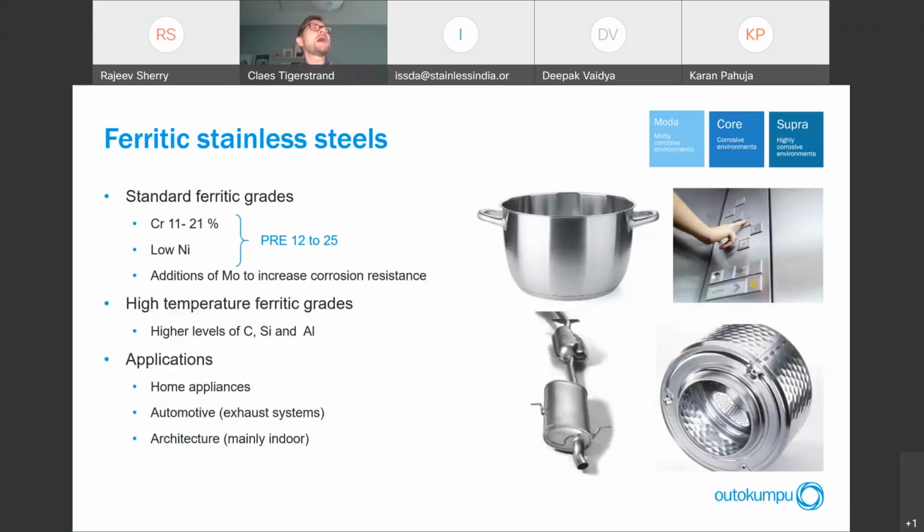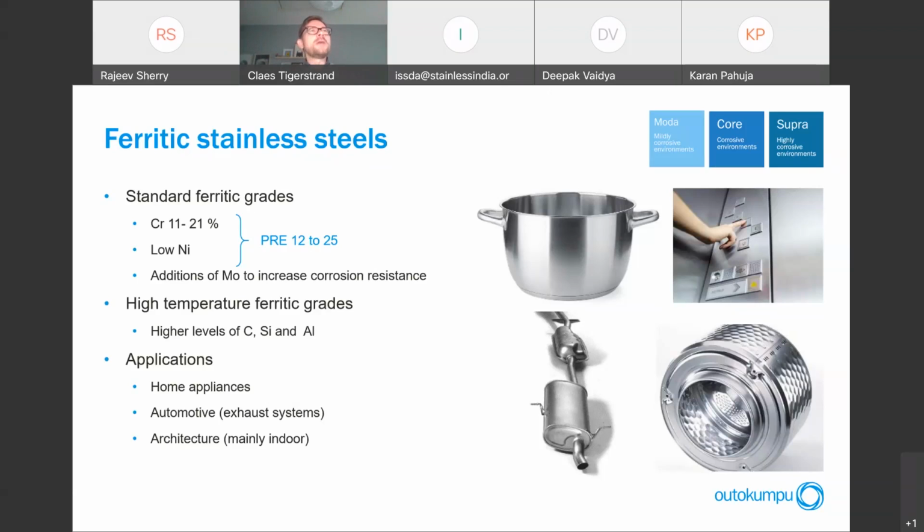And how can we link that? Standard ferritic grades typically have a chromium content from 11 to 21%. You have a low nickel, as one of the questions was earlier. And with this chromium content, you can have a PRE number from about 12 to 25.